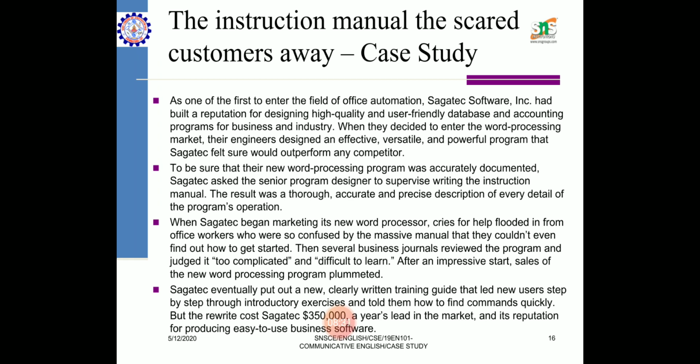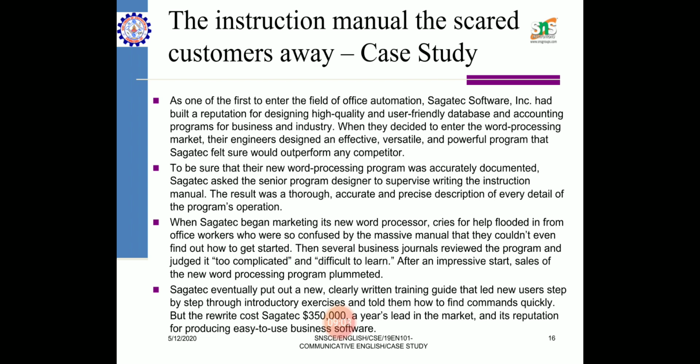There is a company called Sagatic Software, which had first entered into the office automation process. In that business they planned to have a high-quality, user-friendly database for business and industry purposes, and they created excellent software which would support customers and workers successfully.